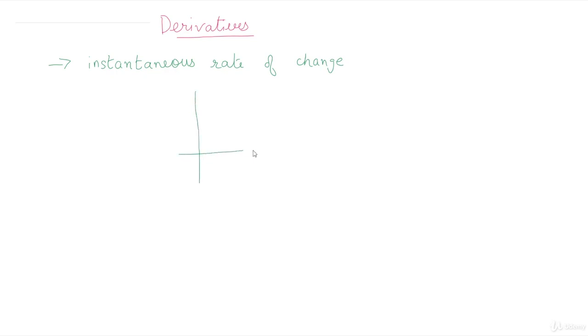So we are taking an example of, let's say, a function dependent on time, and this function is giving us the distance traveled, which is dependent on time, right?